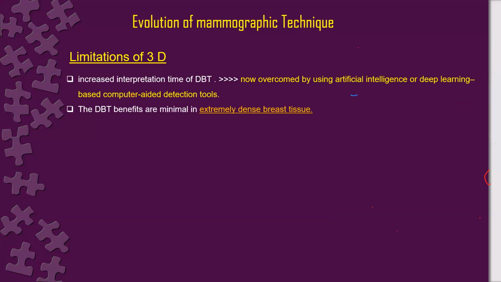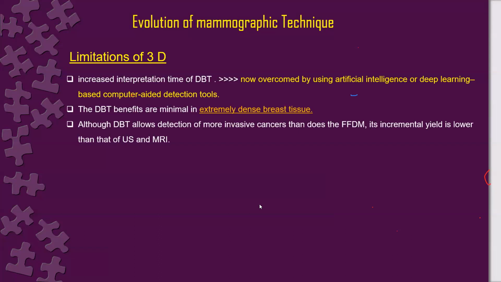So it is useful in heterogeneous or slightly denser breasts, not in extremely dense breasts nor in fatty breasts. And tomosynthesis allows detection of more invasive cancer than full digital mammography.